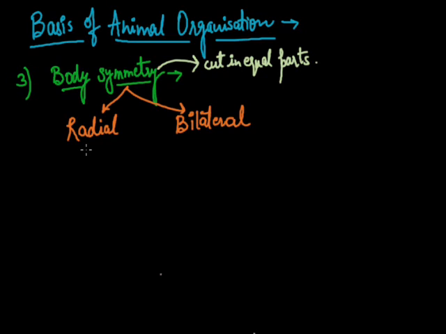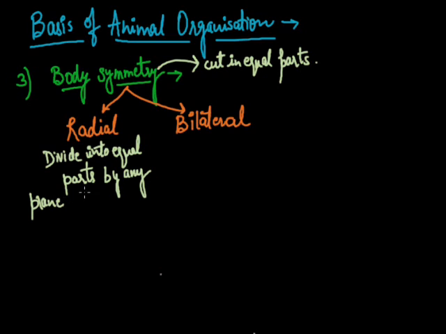Now, first we'll deal with radial. In radial symmetry, the body is divided into equal parts by any plane passing through the center.